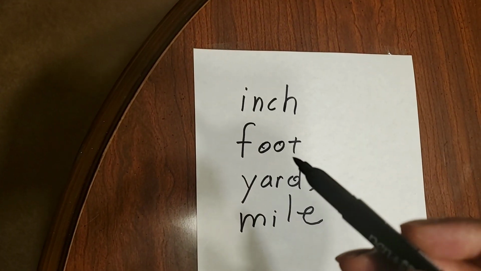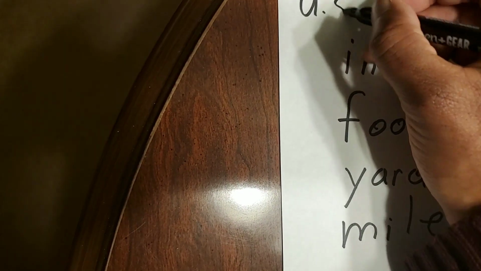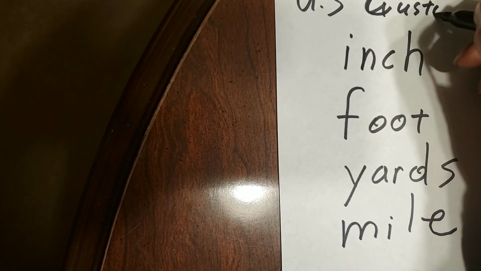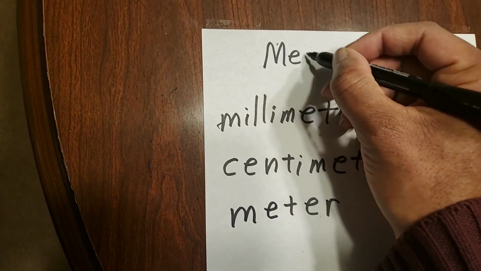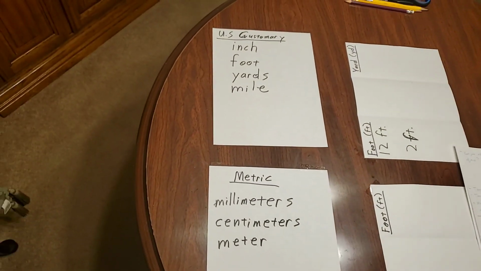Inches, feet, yards, and miles are part of the U.S. customary system, while millimeters, centimeters, and meters are part of the metric system.